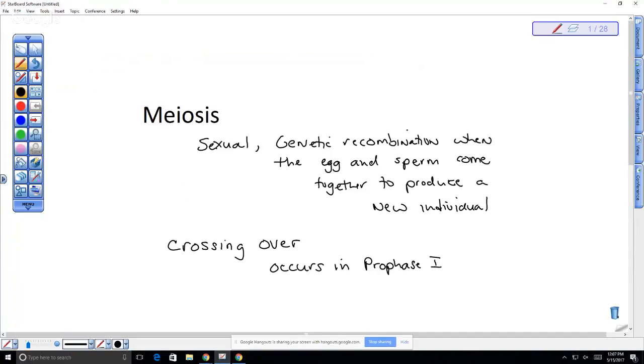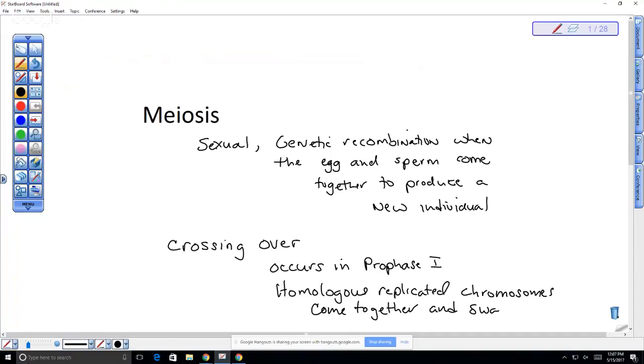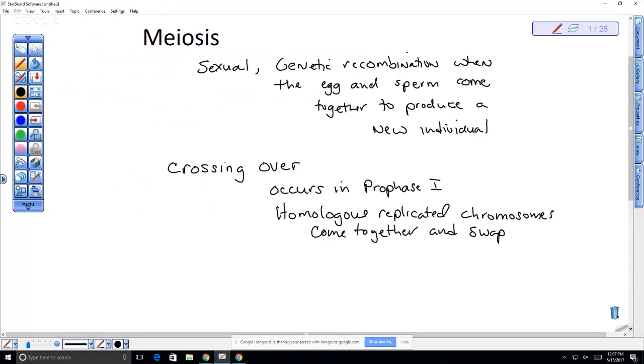And this involves homologous replicated chromosomes coming together. So the chromosomes are still replicated. They come together and they swap genetic information. So I like to think of it as shuffling of card decks.